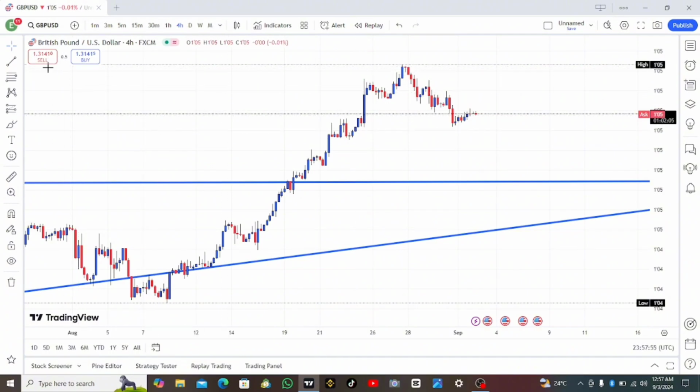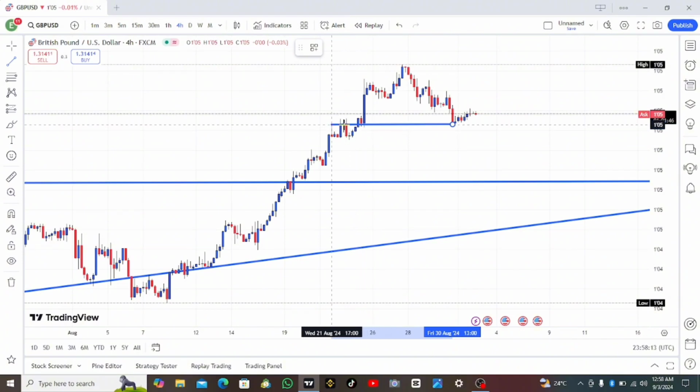So let me mark it out. The reason why the market moved like this is because of this minor support level on the 4-hour time frame. That's how the market works.